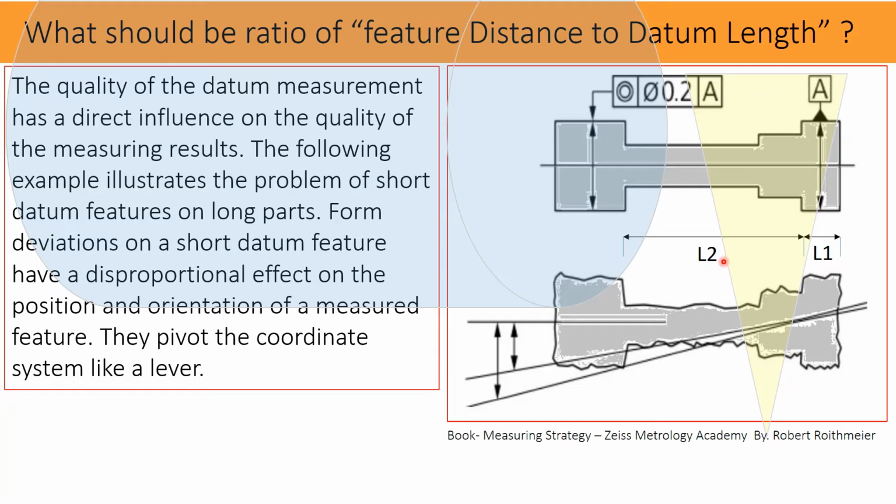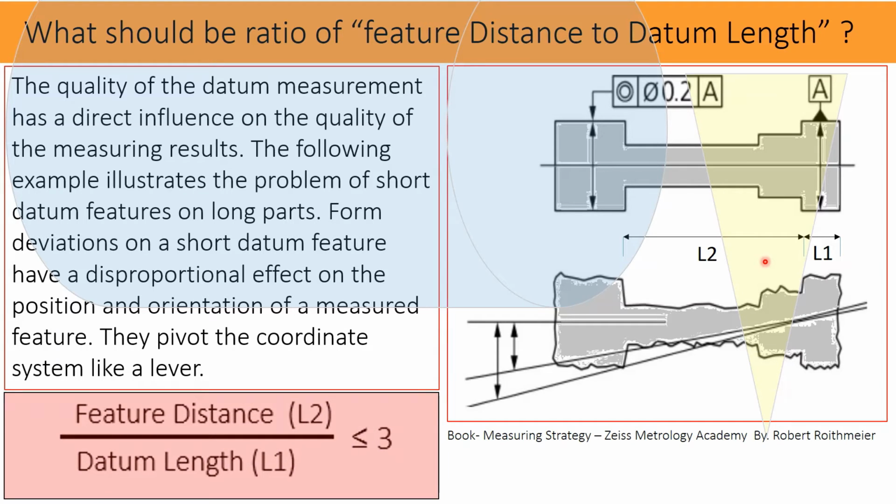Now, by the rule of proportionality, a small deviation of datum cylinder increases dramatically at the tolerance cylinder. And therefore, the author recommends that the ratio of feature distance to datum length should be equal to or less than 3 to increase the reliability in the measurement.